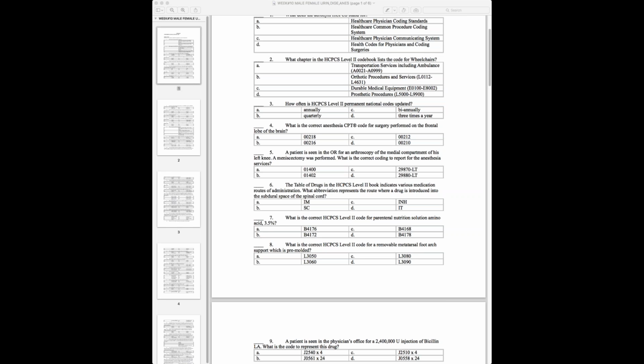Number 23, recurrent, unilateral, reducible femoral hernia repair. Okay. For number 23, how would I look that up? In the index, I can use repair, hernia. What type of hernia? You need to know the type of hernia. It told you femoral. What else do you need to know?